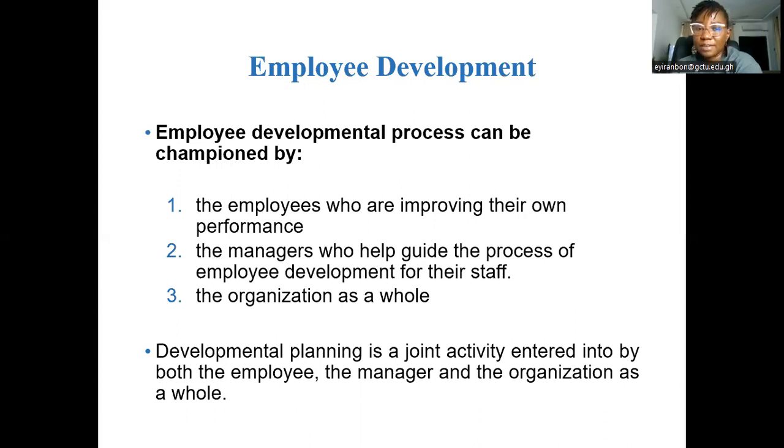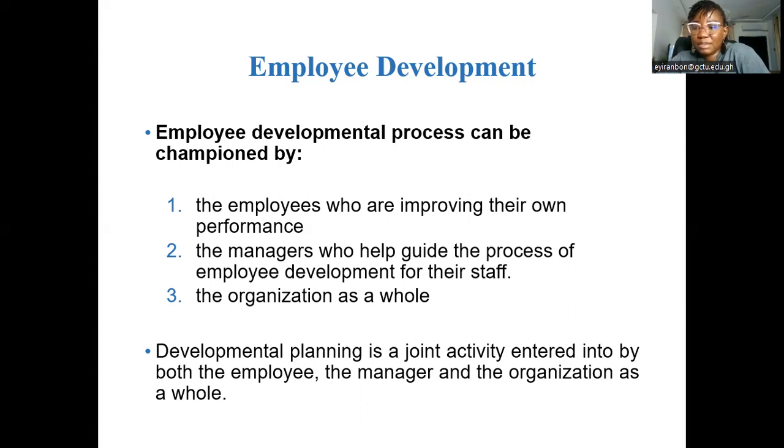Okay, so that as an employee, you have the key mandate to your development. So if you want to improve, the first ingredient is the employee getting involved or championing that process. Number two, the managers who help guide the process of employee development for their staff.